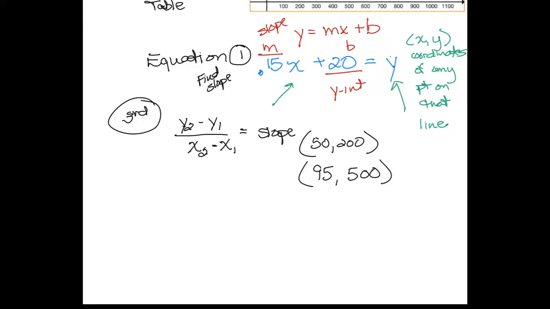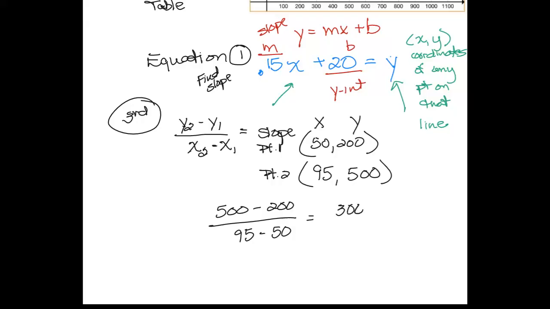I'm going to make this my point 2 and this my point 1. So I'm taking 500 minus 200, those are my y values, divided by 95 minus 50, these are my x values, and I get 300 change in y over 45.